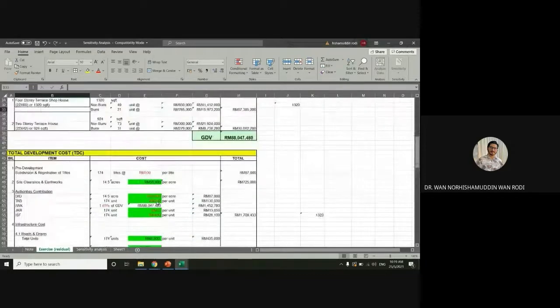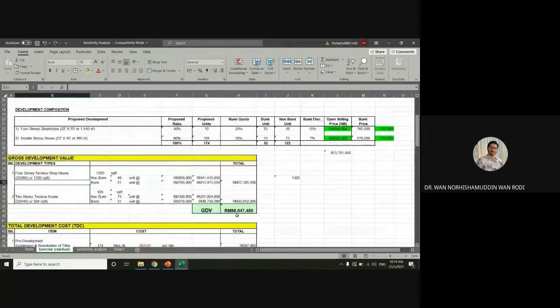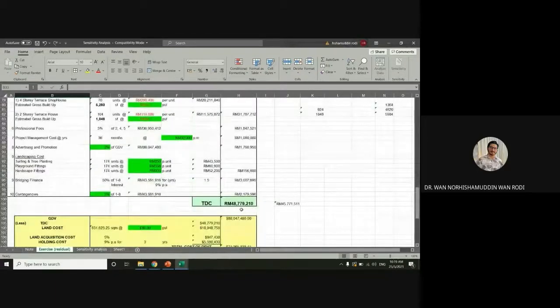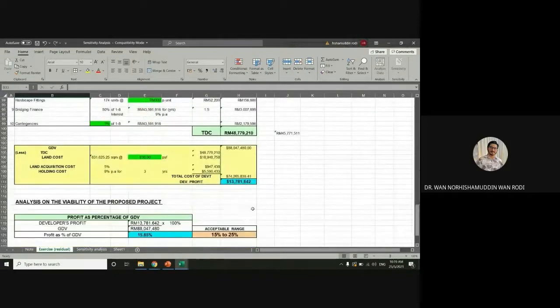In this example, we have the GDV of 88 million and TDC of 48. Last but not least, our developer's profit incurred a return of approximately 13.8 million.